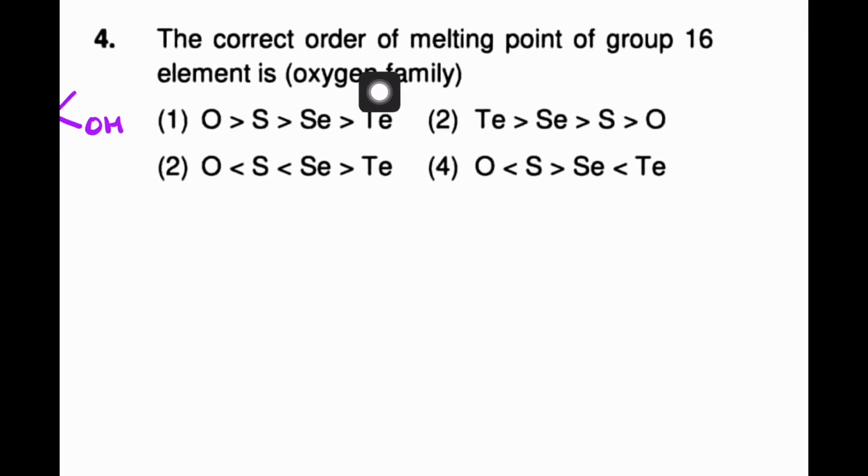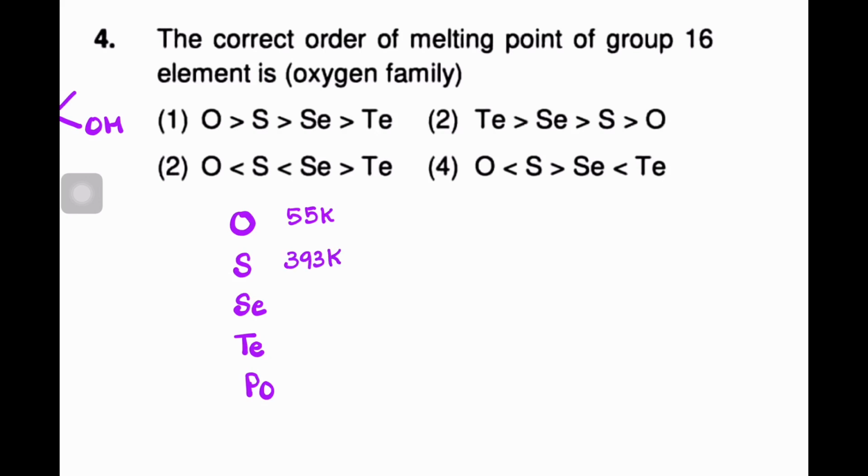They are asking you the correct order of melting point of group 16 elements, the oxygen family. The elements are oxygen, sulfur, selenium, tellurium, and polonium. In the NCERT data, oxygen has a melting point of 55 Kelvin, then sulfur is 393 Kelvin, selenium is 490 Kelvin, and tellurium is 725 Kelvin.